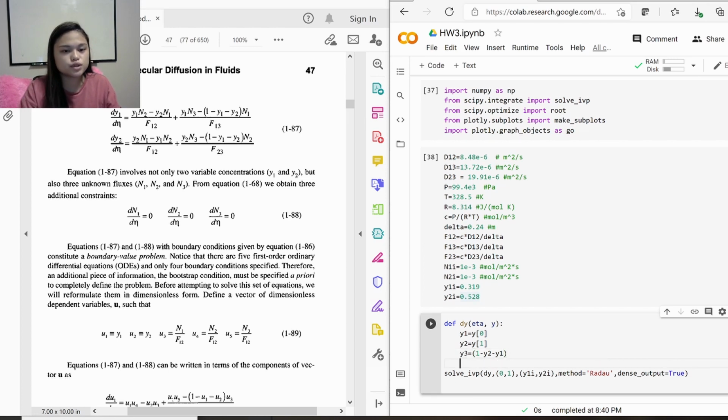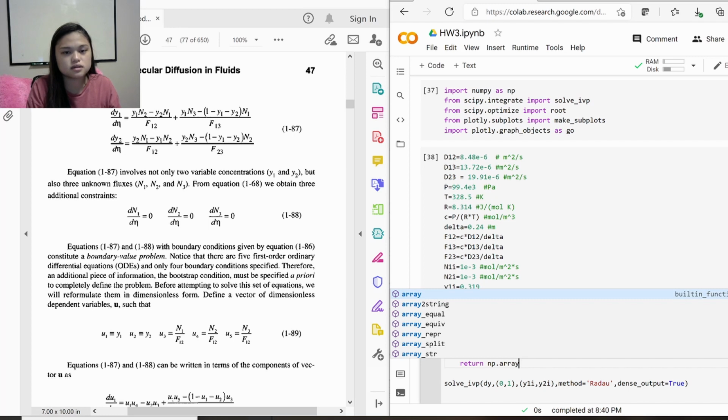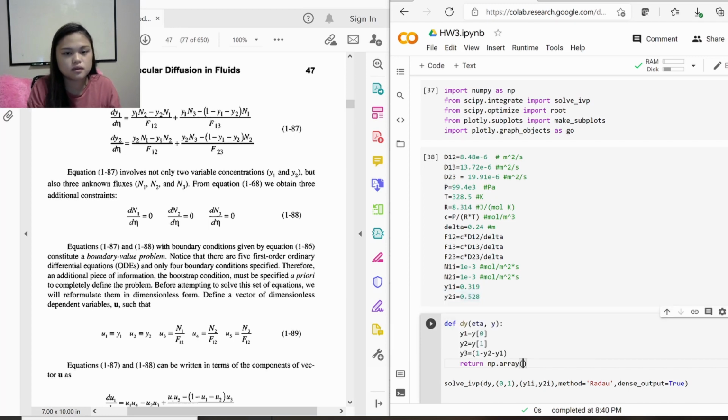Okay, so now we want to return a value, right? So return this, to be tabbed over, then NP, and we want it as an array, since our mole fractions are an array.